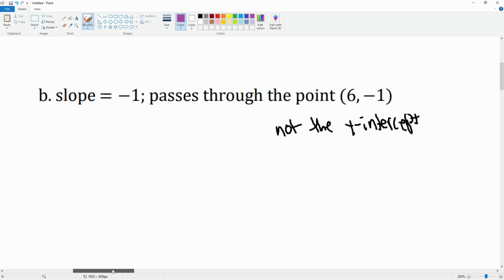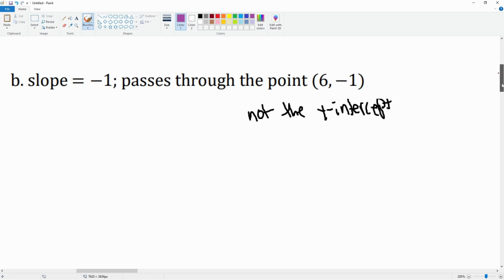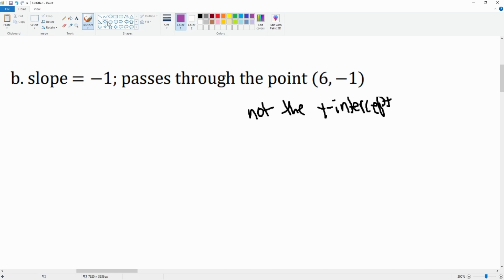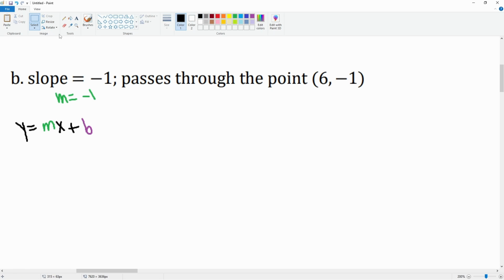Next, let's take a look here as well. So we're going to use the same equation of y equals mx plus b. Given right here, slope is equal to -1. We notice that this is not the y-intercept, so we will have to use a point to find the y-intercept.